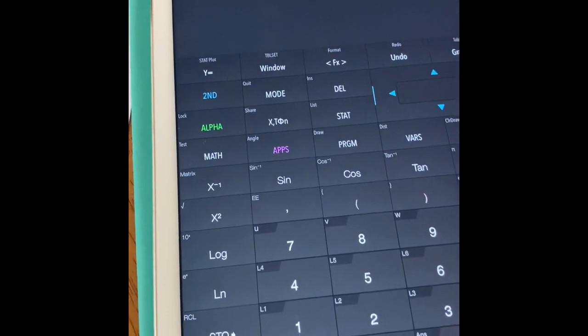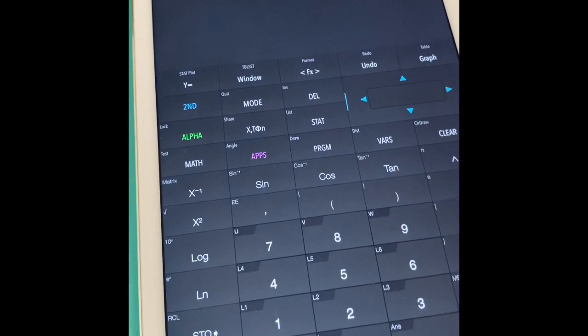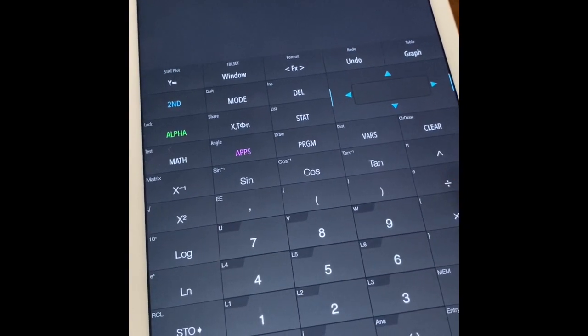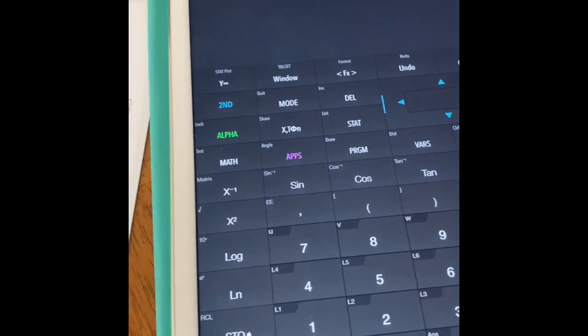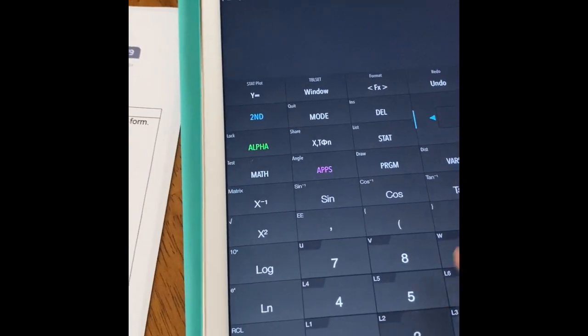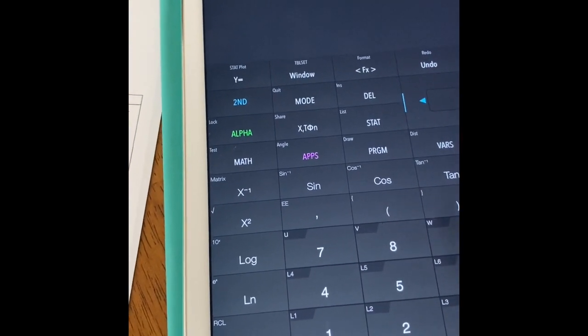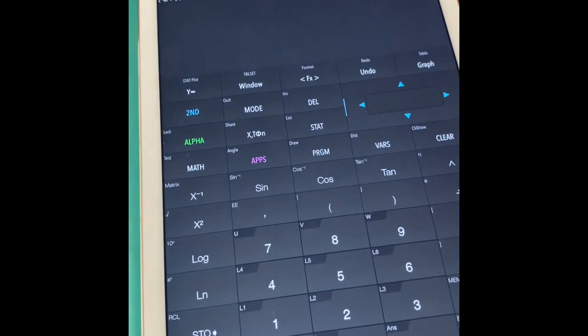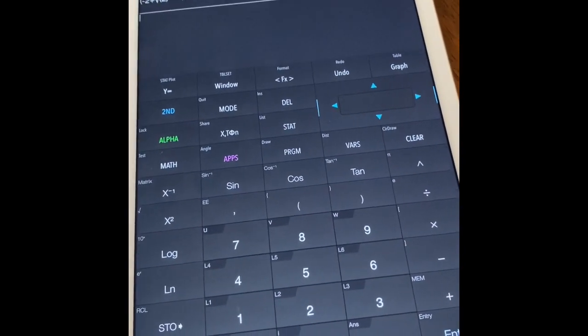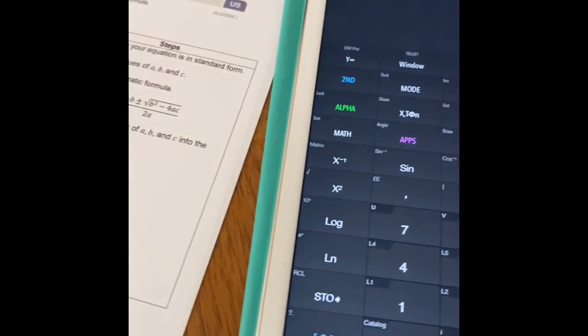Make sure you get out of the square root first, close the parentheses, then you do your fraction bar, which in this case is going to be our divided by, open a set of parentheses, 2 times 1, close for the 1, close for the whole denominator. And I'm going to hit enter, and I'm going to get a 1 for this part right here. So x equals 1.